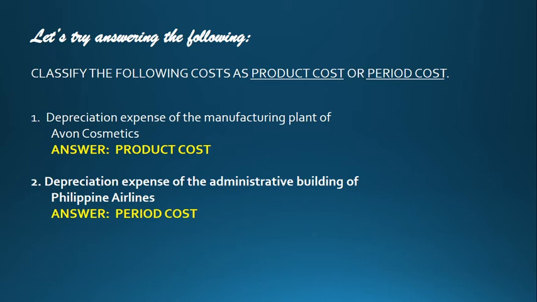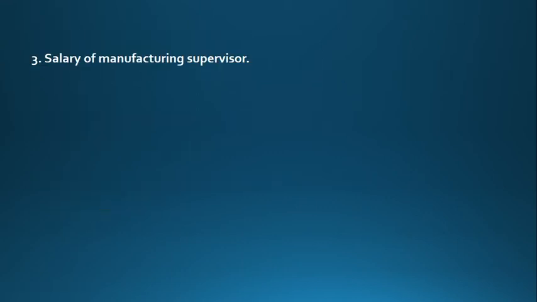Kasi nga, ang depreciation expense ng admin building has nothing to do sa pag-produce ng kanilang service ng Philippine Airlines. Next is salary of manufacturing supervisor. So, madali lang to. Na-discuss ko to kanina regarding sa supervisor ng bulb. So, it is a product cost.